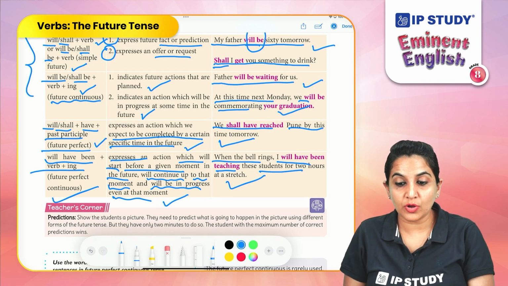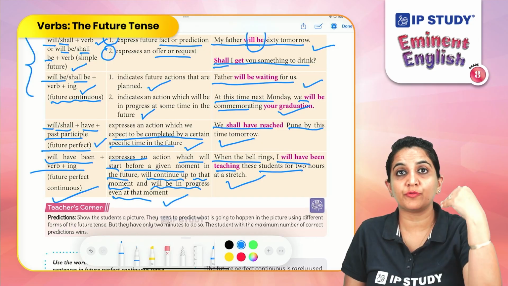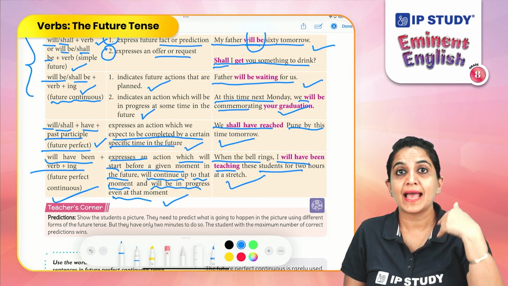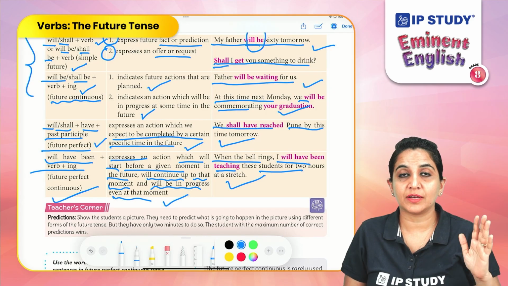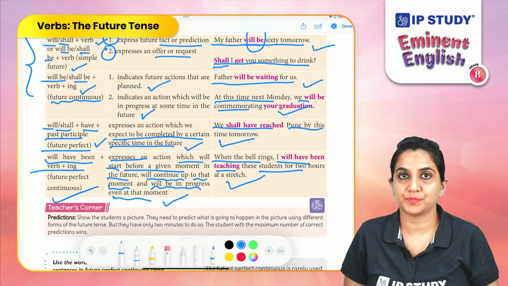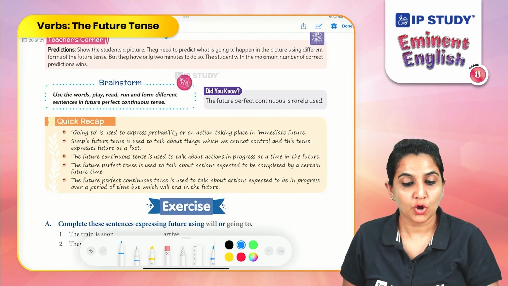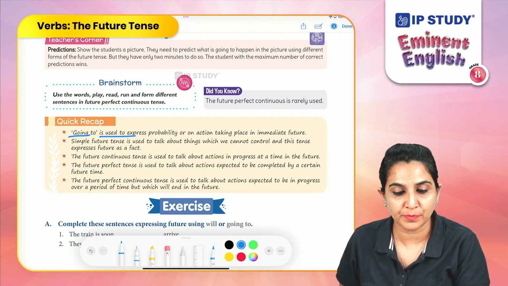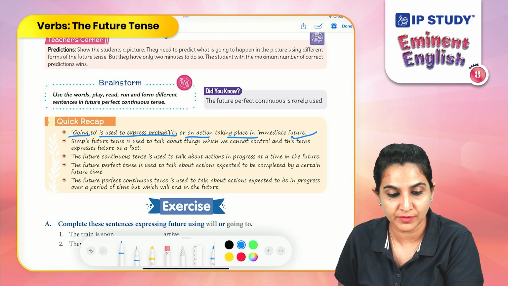So these all express future situations, and we use the auxiliary verbs as per the situations in the future. Let us do a quick summary of what we have learned. Going to is used to express the probability or an action taking place in the immediate future.